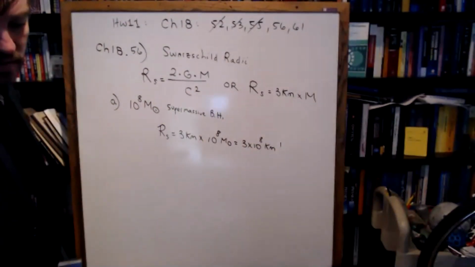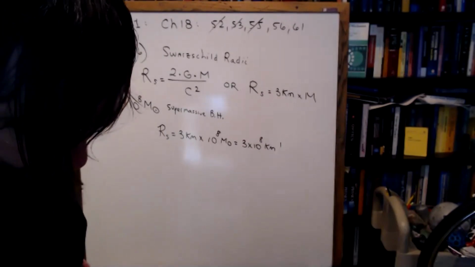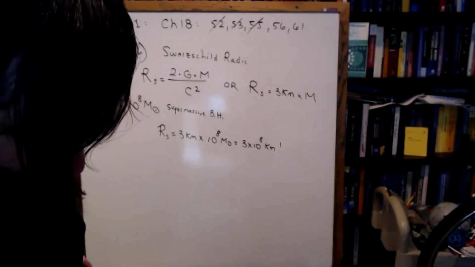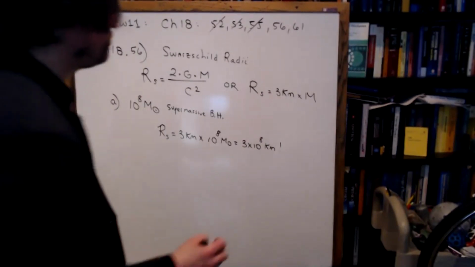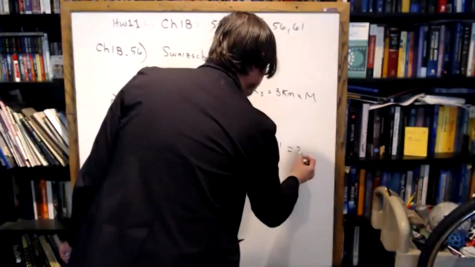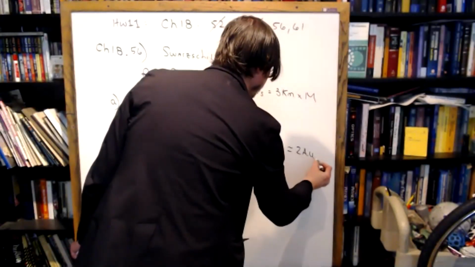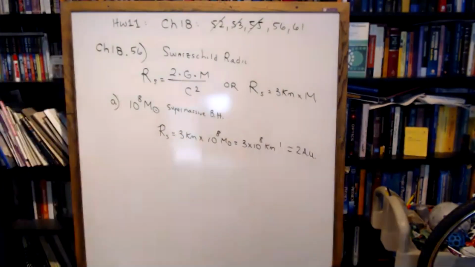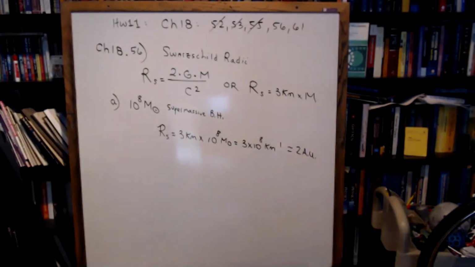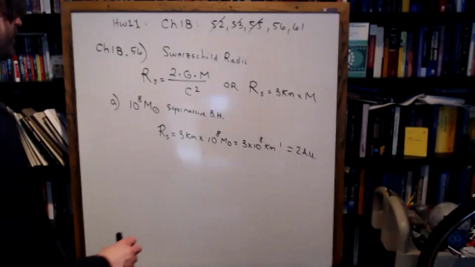Which is 300 million divided by 150 e to the 6, about 2 AU. So even a supermassive black hole is only twice the size of Earth's orbit.